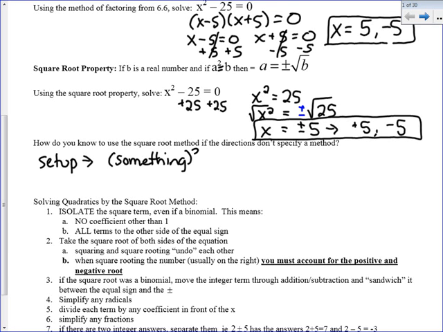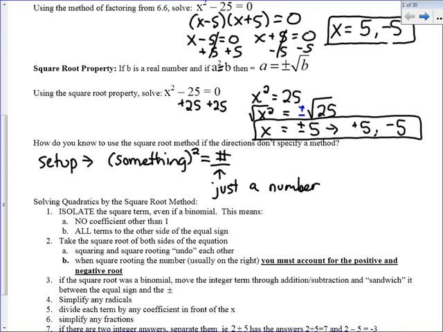So just something squared equal to a number. And this side here is just a number. It can't have any x's with it. The something squared could be a monomial, like x squared, or it could be a binomial. We'll see some of those coming up. But the right side can be just a number.